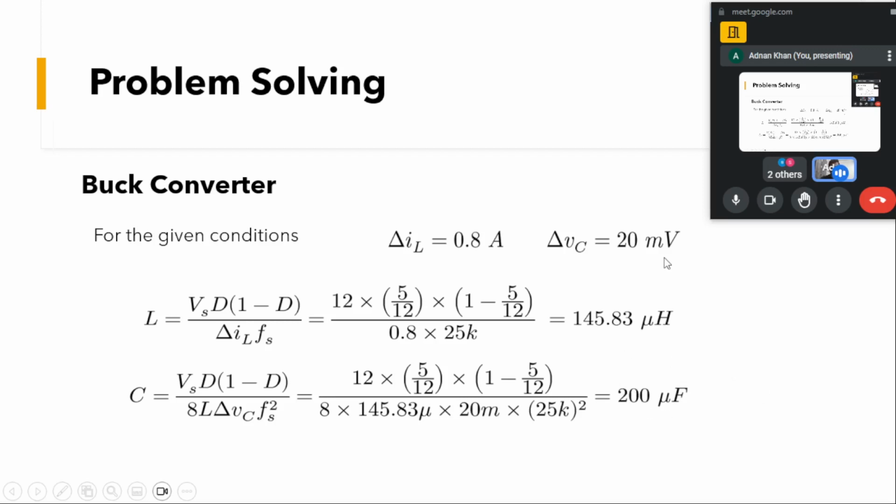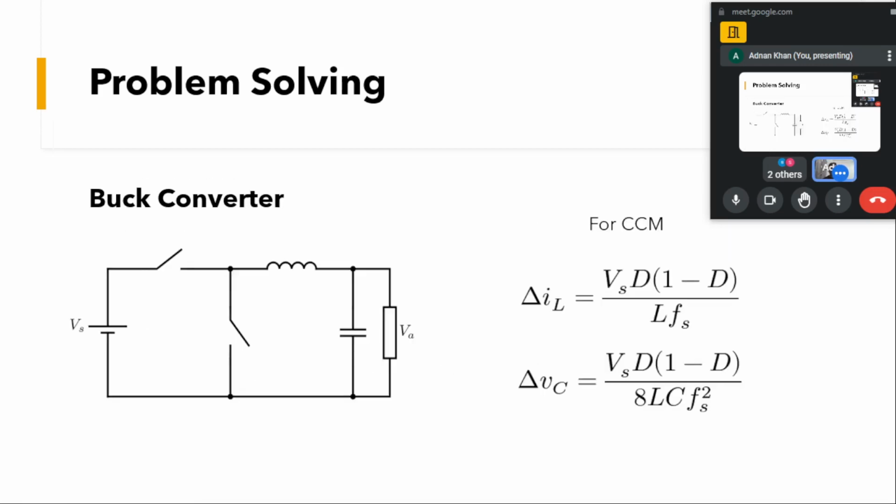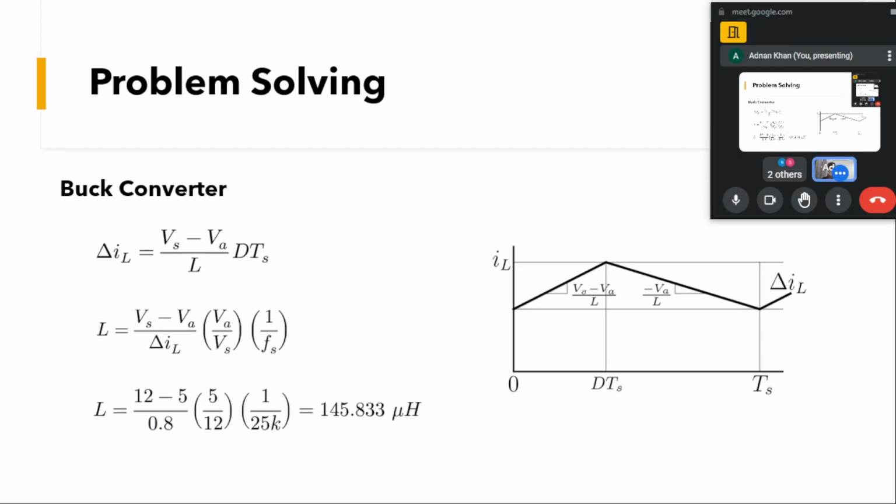Now we talk about the critical conditions. What do we mean by critical condition? In CCM, as we saw previously, our current rises from some minimum value to some maximum value and comes back to the minimum.